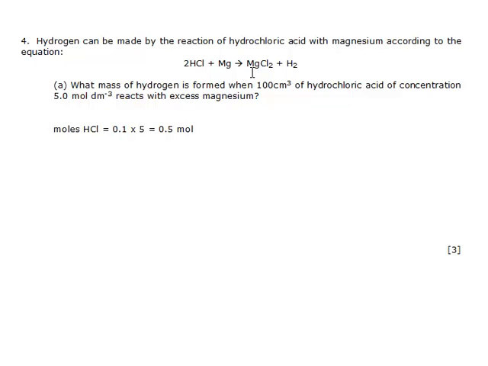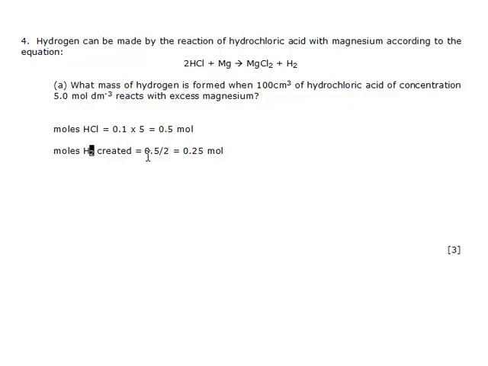So from our equation you can see that 2 hydrochloric acids make 1 mole of hydrogen. So therefore moles of H2 created equals 0.5 divided by 2, which equals of course 0.25 moles.